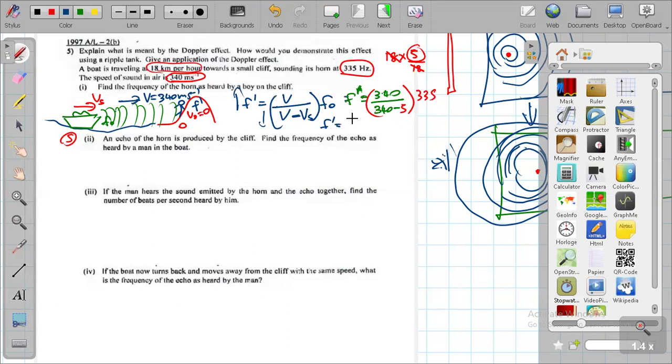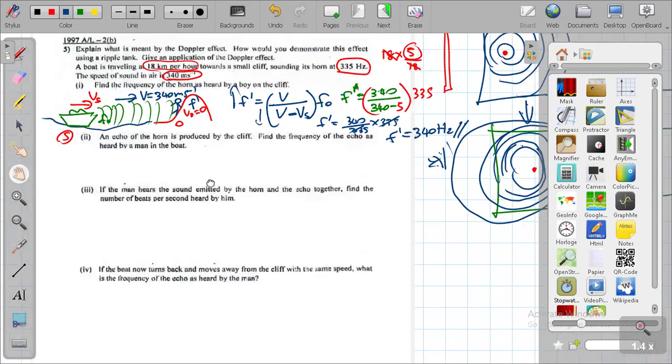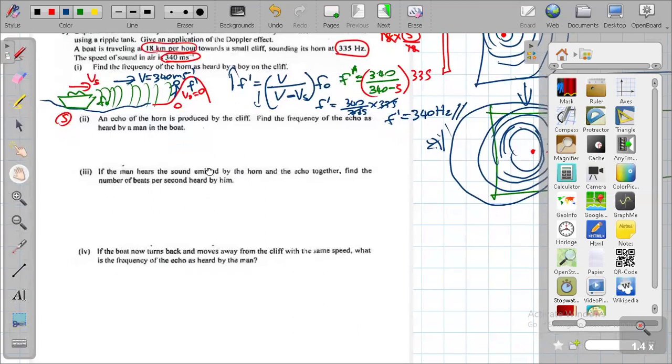See, 340 over 335, 335 by 335, so the apparent frequency f dash is 340 hertz. Understand? Okay. Can you understand?